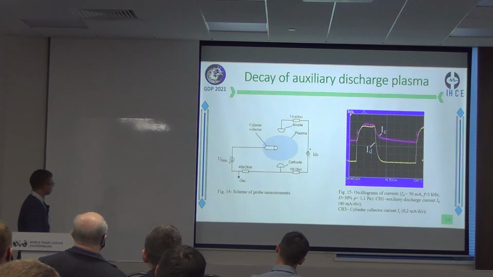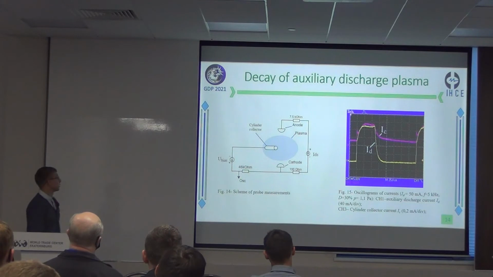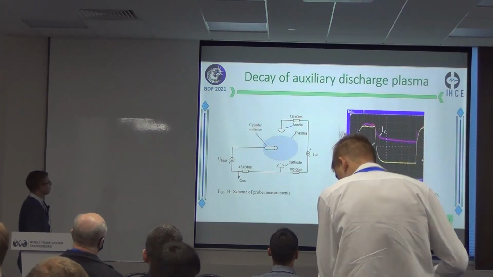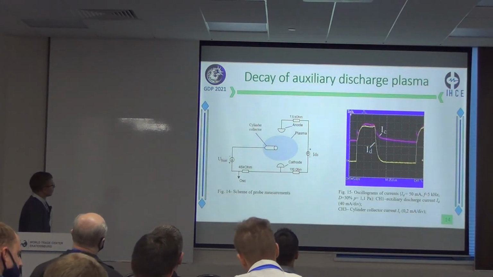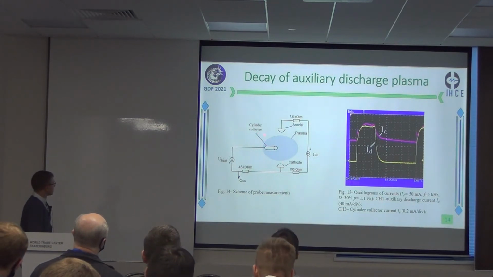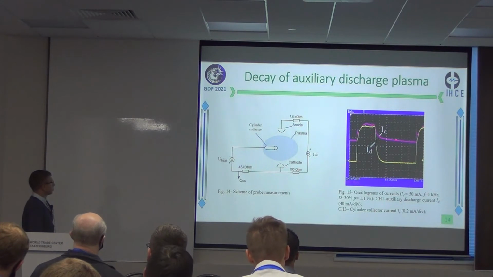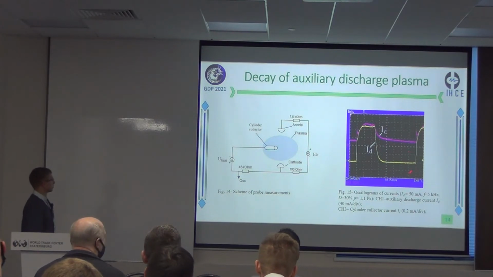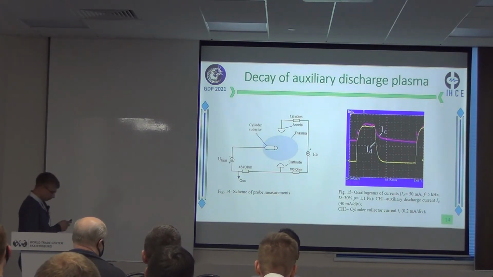The presence of current in the accelerating gap at the pulse of discharge generation is explained by decay of auxiliary discharge plasma. We put a cylindrical collector in the plasma and measured the ion component of discharge, and we saw that this component doesn't equal 0 at the pulse.